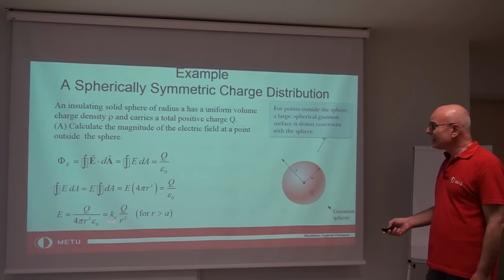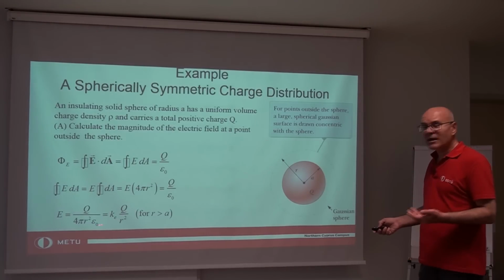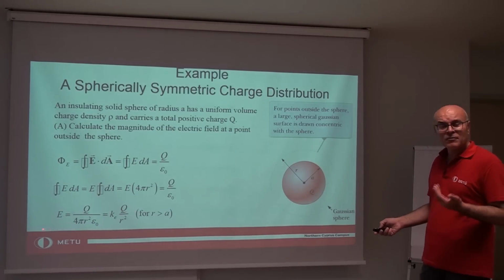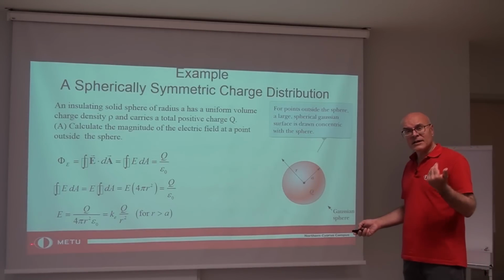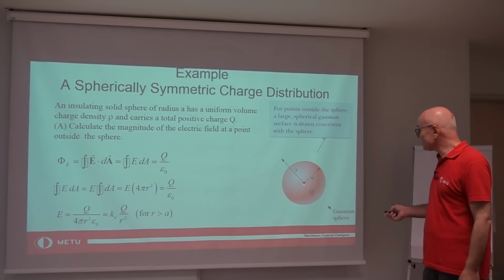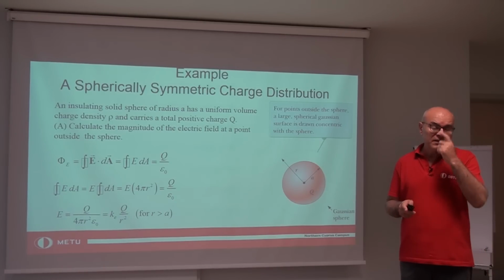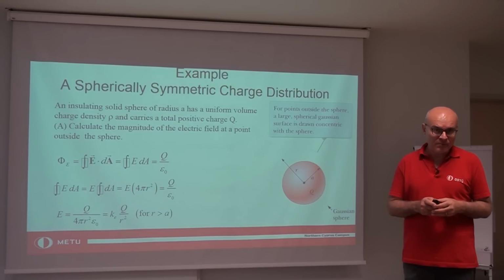Now this is quite remarkable, because this looks like what? It looks like the electric field of a point charge of magnitude capital Q centered at the origin. This is part of something called the shell theorem.